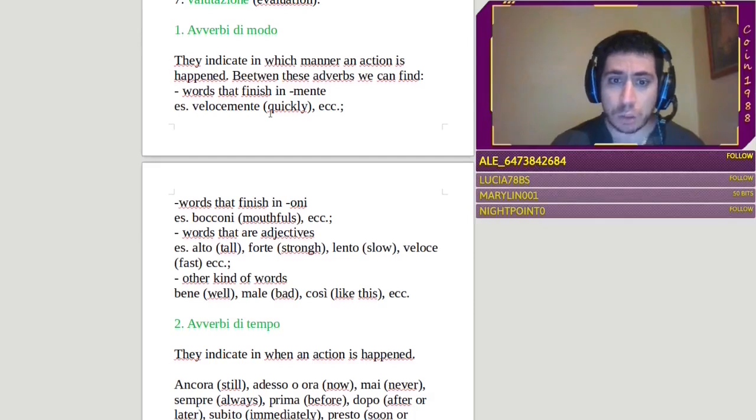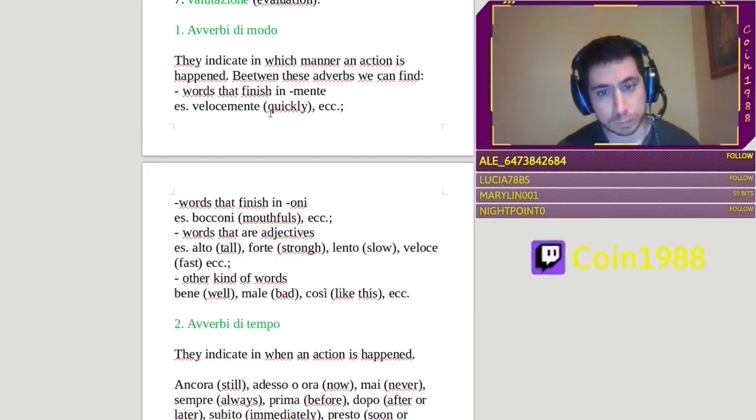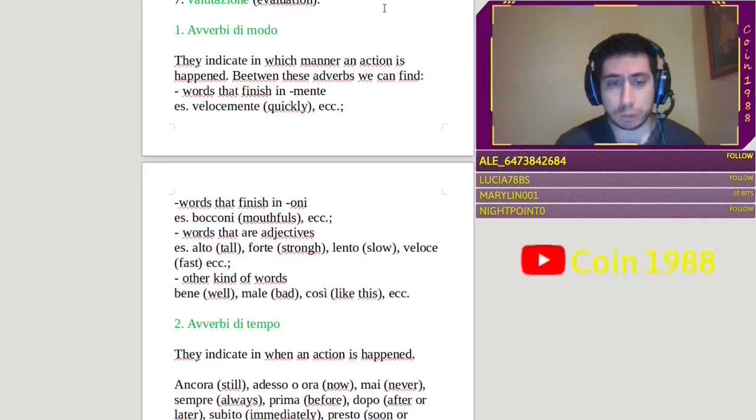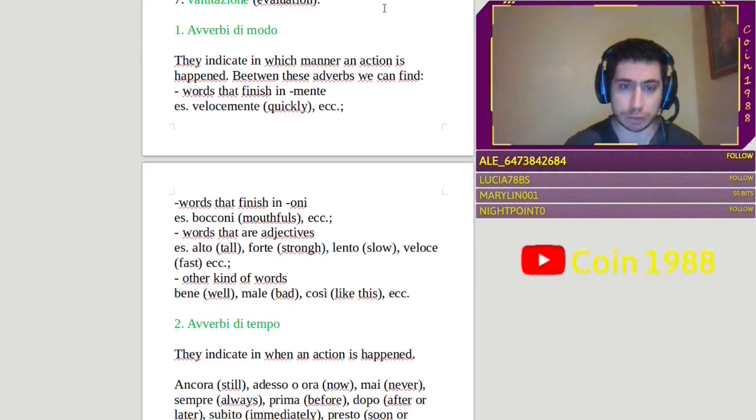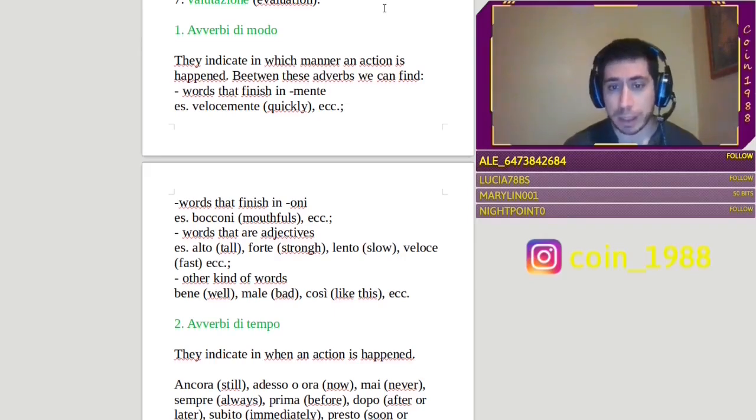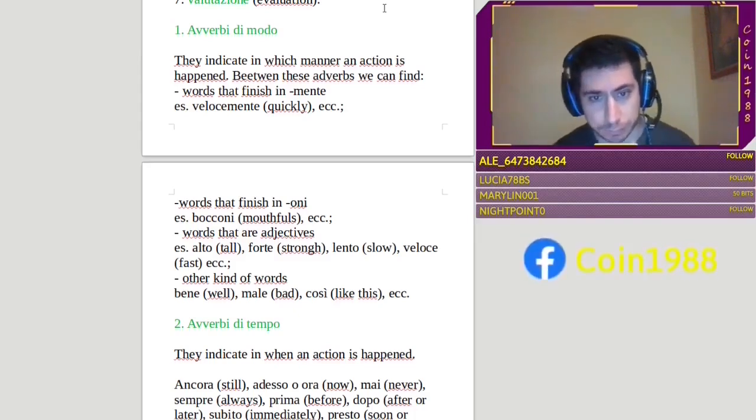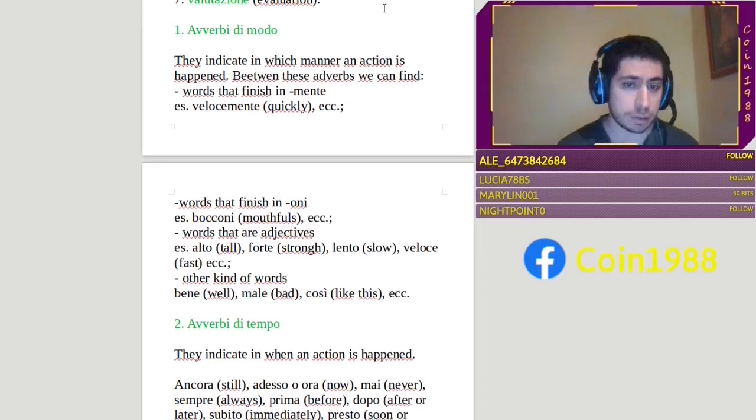We can also find words that finish in oni, for example bocconi, mouthfuls. And we can also find words that are adjectives, for example alto, that means tall, forte, that means strong, lento, that means slow, veloce, that means fast, etc. But it always depends on the case, because you need to see the phrase.